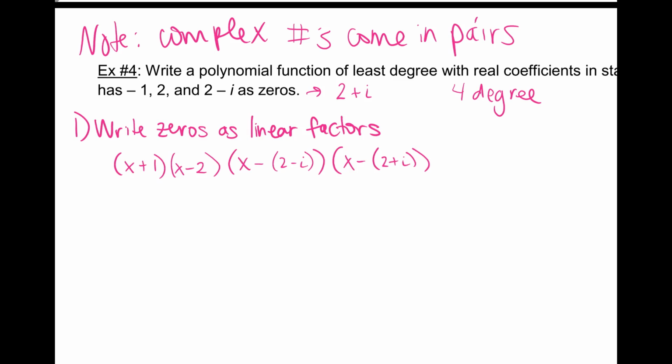Alright, so I'm going to go ahead and distribute the negative out here. So I have, just going to do this first, x minus 2 minus i, I have x minus 2, this is plus i, and x minus 2 minus i.